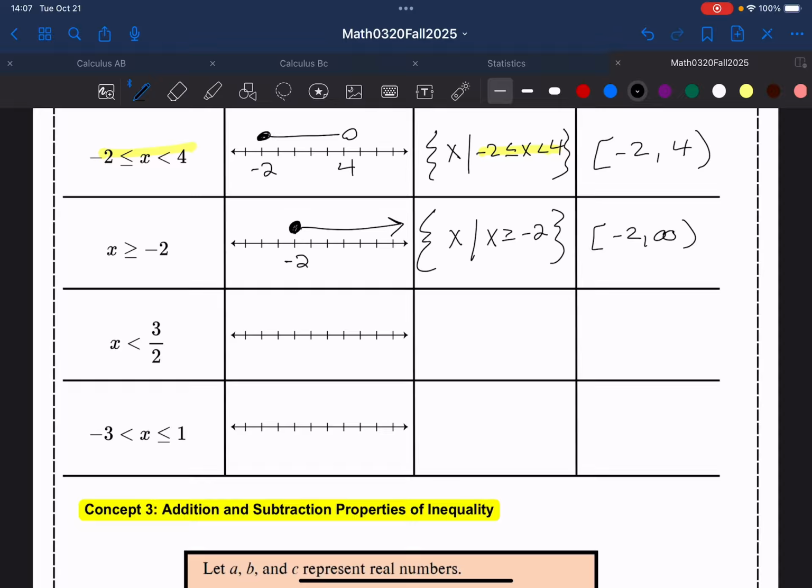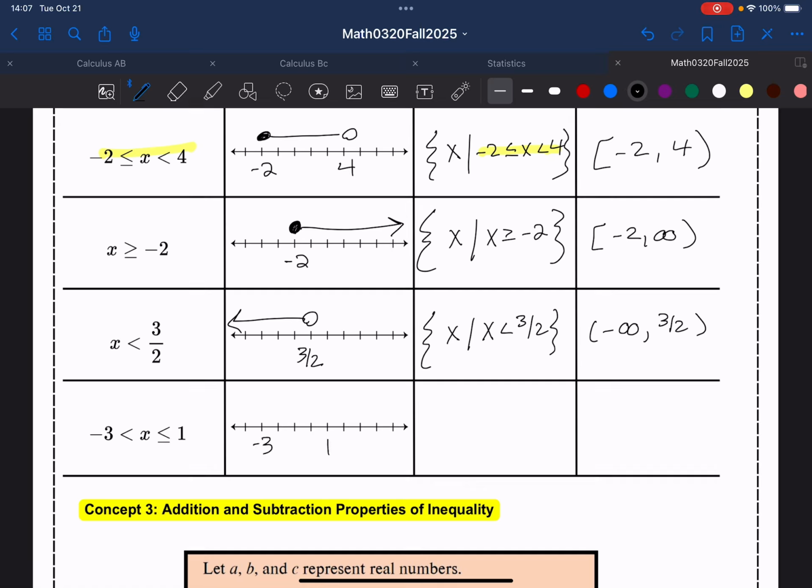Next, I have x is less than 3/2. So this is going to be open circle, less than is going to go to the left. So this is going to be x such that x is less than 3/2. Okay. Less than means I'm approaching negative infinity and I'm going up to 3/2, but I'm not including it because of that open circle. And then lastly, I have negative 3 is less than x, less than or equal to 1.